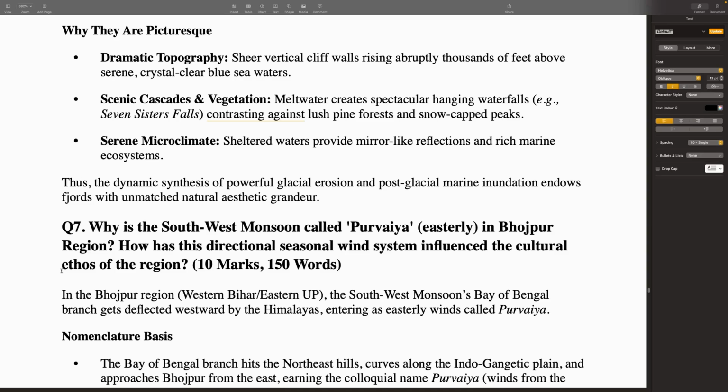Serene microclimate: sheltered water provides mirror-like reflection and a rich marine ecosystem. Thus, the dynamic synthesis of powerful glacial erosion and post-glacial marine inundation endows fjords with unmatched natural aesthetic grandeur.